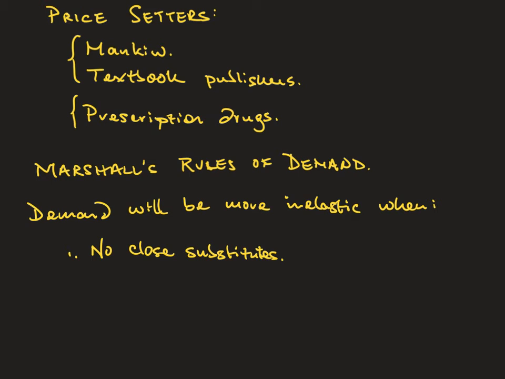Now think of the textbooks. When you're being price conscious about purchasing a textbook, you might wonder, is there a good alternative to this textbook? Usually the answer is no. If Mankiw is the required textbook for a course, there's not really a good alternative to that.